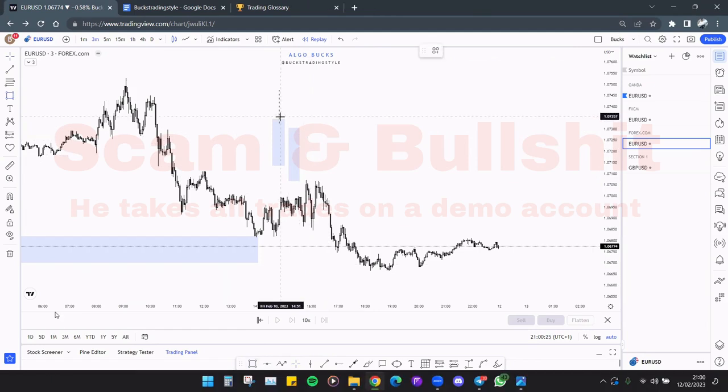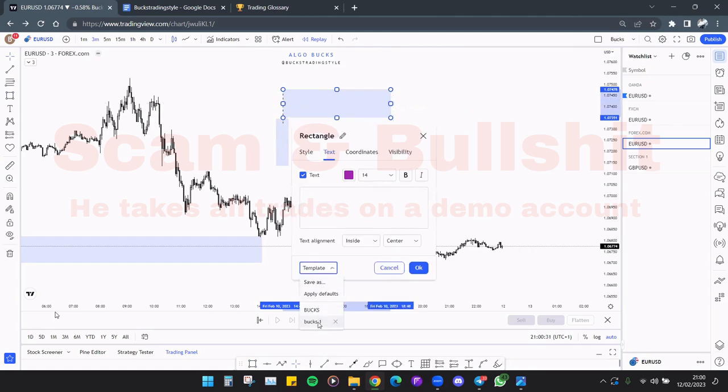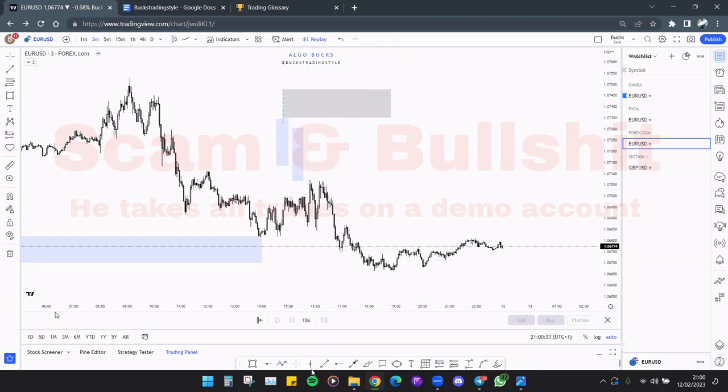Now, this wick right here is an unmitigated wick because the next candle did not mitigate this wick. So this can be used as a POI, an unmitigated wick. But if we have this right here, this shows us that this wick mitigated that one. So I'm not going to look at this as an unmitigated wick. This wick then becomes a mitigated wick.